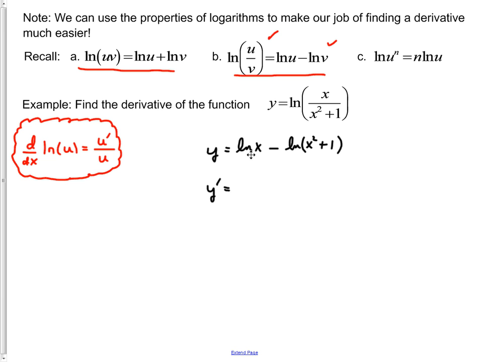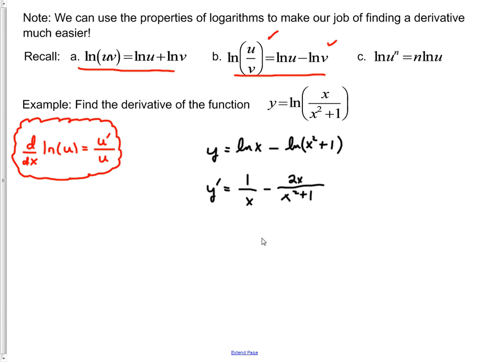The derivative of the natural logarithm of x, we said, is equal to the derivative of x, which is just 1, divided by x itself, minus. Now we take the derivative right here. The natural logarithm of x squared plus 1 gives the derivative of x squared plus 1, that's 2x, divided by x squared plus 1 itself.